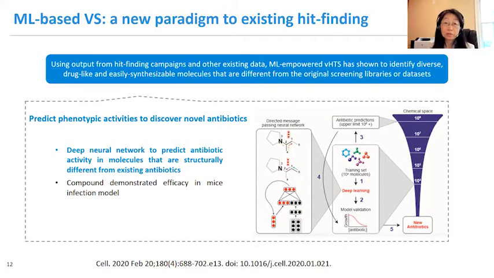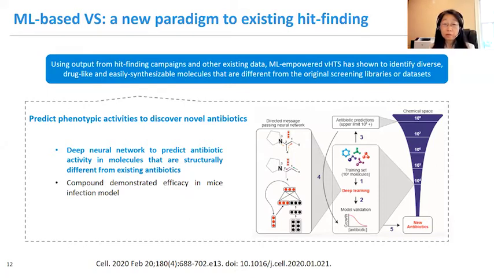They developed sophisticated deep learning based neural network models and applied those models to predict on hundreds of millions or close to a billion compounds to look for novel chemotypes. And interestingly, they did find something that is new or unknown to the antibiotic space.